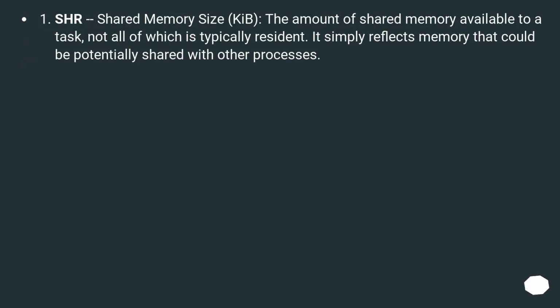SHR, shared memory size (KiB): the amount of shared memory available to a task, not all of which is typically resident. It simply reflects memory that could be potentially shared with other processes.